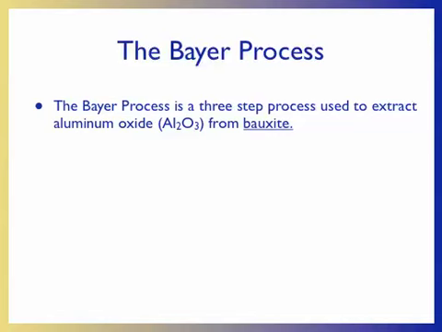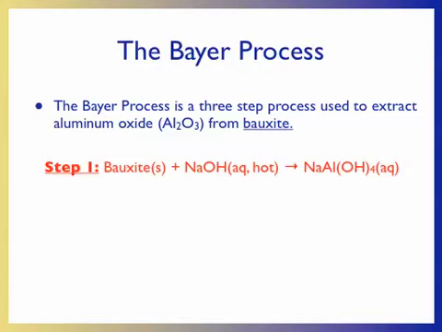Remember that bauxite is a mixture of aluminum hydroxide and aluminum oxide hydroxide. The first step in the Bayer process is to take bauxite and dissolve it in a solution of hot sodium hydroxide. This converts all of the compounds in bauxite into one compound, sodium aluminum tetrahydroxide.